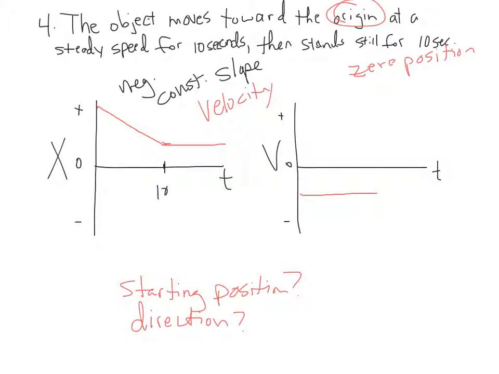Then what happens? The object stands still for 10 seconds. So maybe I'll mark here that that's 10 seconds. Well, what happens after that? Well, what kind of slope do we have here? It was negative and constant. Now what is it? 0 slope.